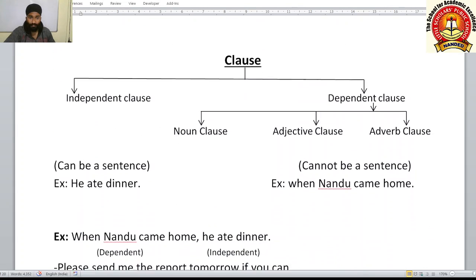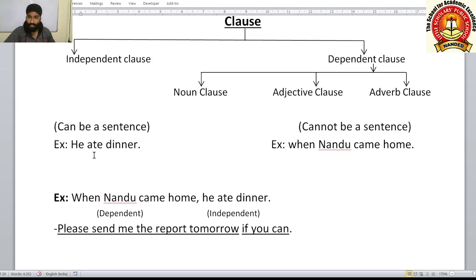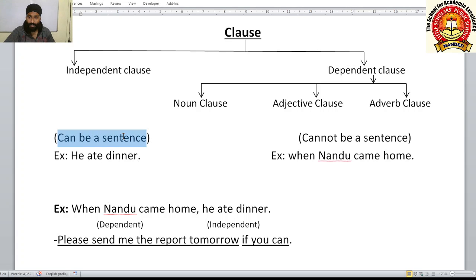Now understand noun clause, adjective clause and adverb clause. Now we will understand a clause. An independent clause can be a sentence, such as this: he ate dinner. This is an independent clause. It can be a sentence, but a dependent clause cannot be a sentence. For example, when Nandu came home. This sounds like something is remaining.